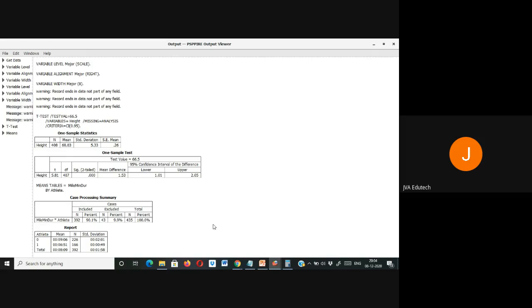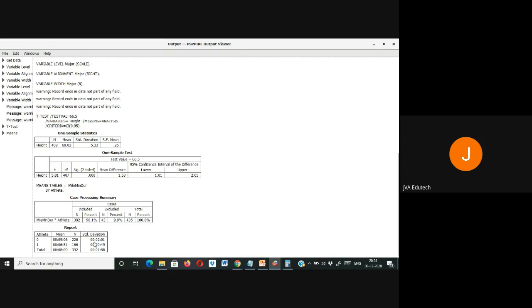Now, would the time taken by athletes be greater, or the time taken by non-athletes? So non-athletes. Simply you can say, see, the mean time taken by the non-athletes is 9 minutes 6 seconds, and the time taken by the athletes to run a mile was, the mean time was 6 minutes 51 seconds.